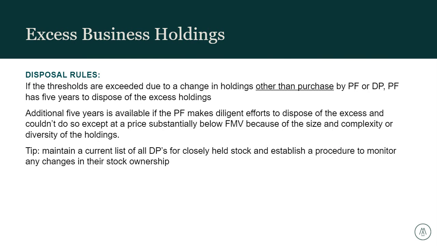And so tying it back to Pam's main point, really maintaining a current list of all the disqualified persons for closely held stock and establishing a procedure to monitor any of these changes, having conflict of interest questionnaires as you get new board members or new officers or managers is really critical to make sure that you're staying within these lanes and not violating any of these rules. And with that, I will turn it over to Amy to close.